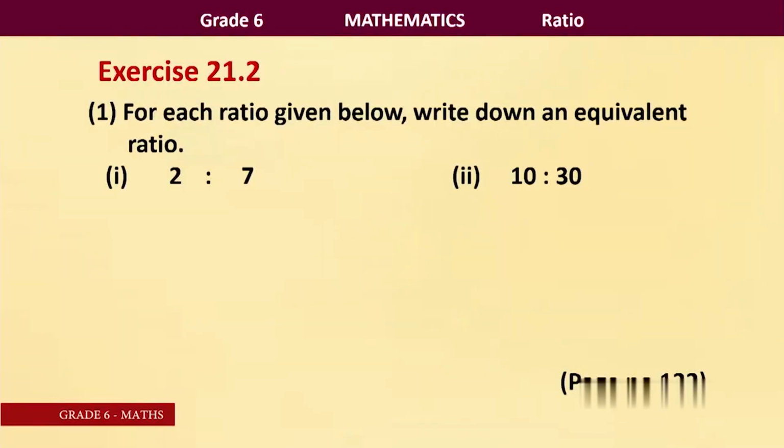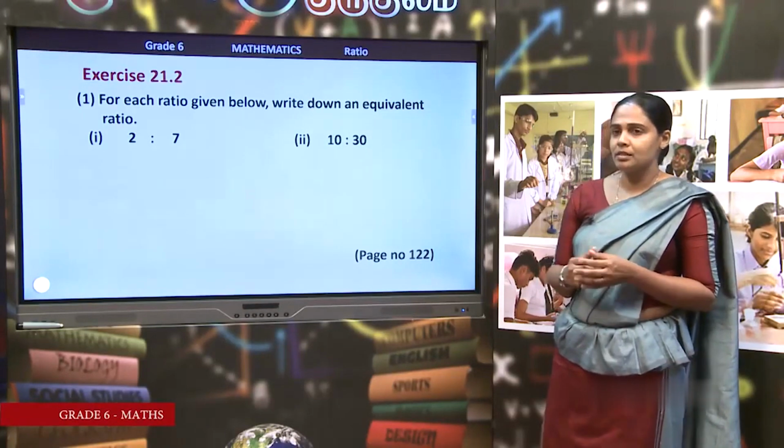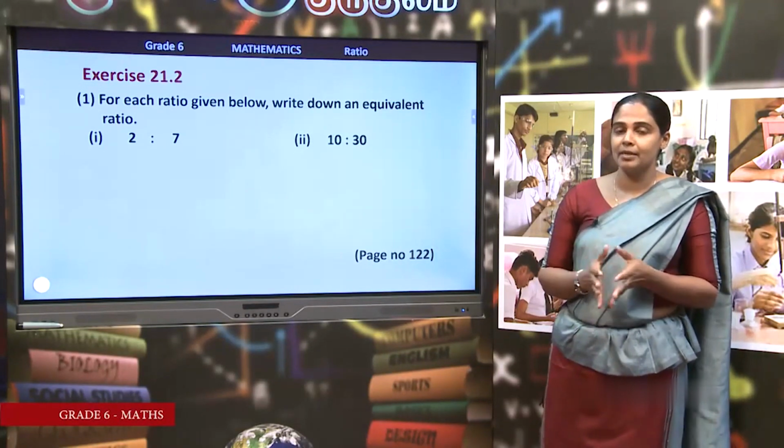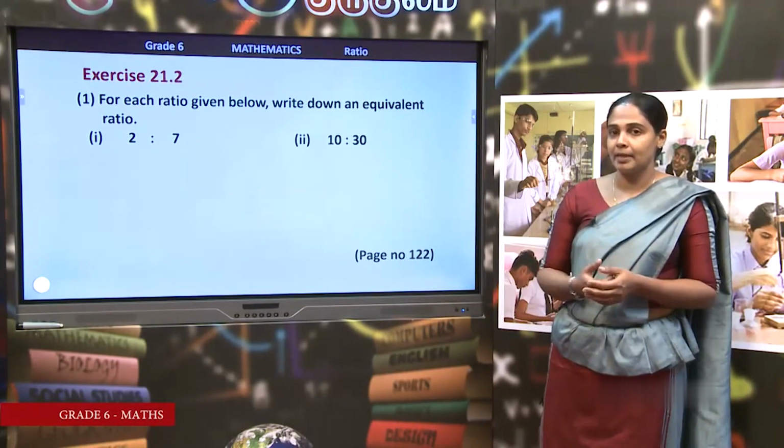Before that, let's do the questions of your exercise. Pay your attention to exercise 21.2, page number 122. This is the question: 2 is to 7 and 10 is to 30. Then write down your answers. You can write the answer using multiplication in the first one because 2 and 7 are not divisible more. You can select any digit to multiply them.